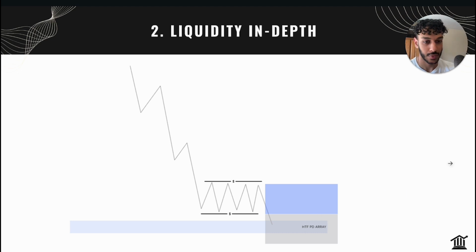So let's understand it like this. Smart money are going to enter positions so large, they're going to end up essentially moving the market. This is how I got taught the idea. So if smart money are looking to get inside of positions, they need counterparty liquidity. What does that mean? They need a large group of traders, they need money on the other side of their trade to be able to enter into their trade.